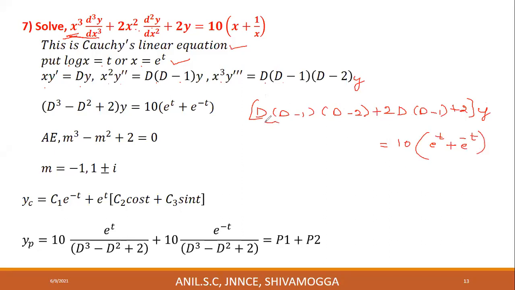Now simplify this part. D into (D minus 1)(D minus 2) plus 2D into (D minus 1) plus 2. We simplify this part. Let me know once you get this term. (D cube minus D square plus 2) into y is equal to 10 into (e power t plus e power minus t). If you simplify this, you must get this answer.